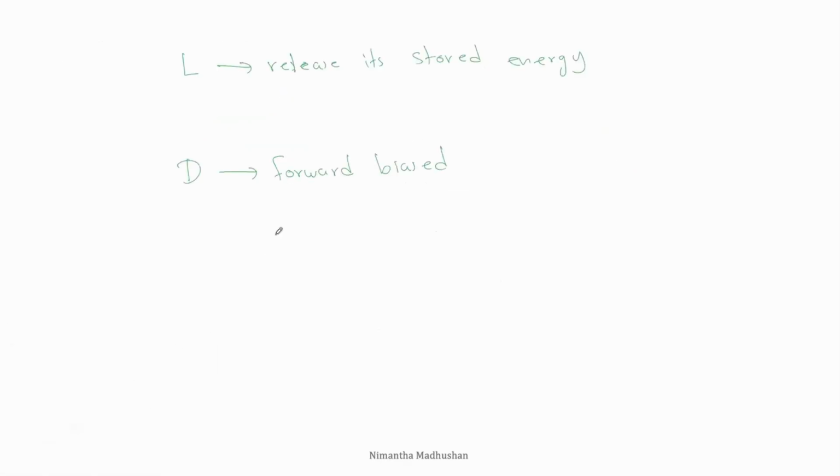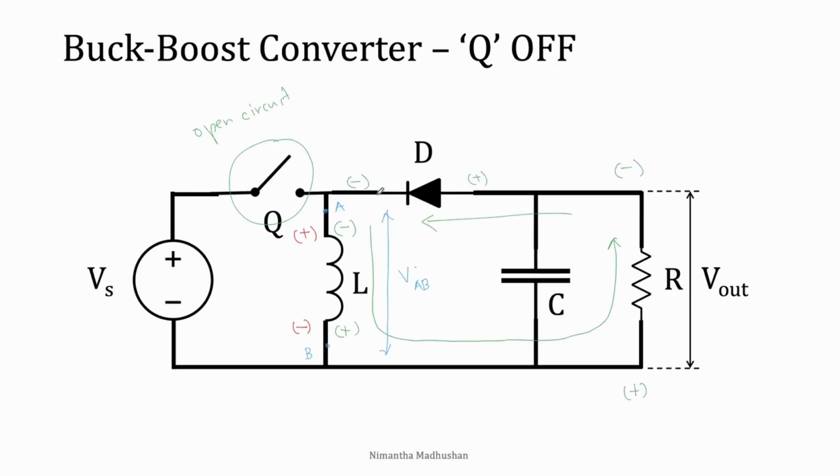I will write that VAB is equal to Vout, but VAB is minus value. And VAB is our inductor voltage. And from that one, we can write VL is equal to minus Vout. And that is the operation during the Q is off.